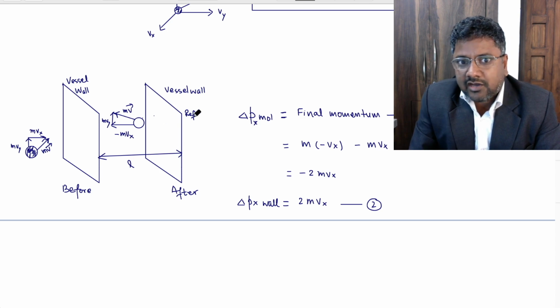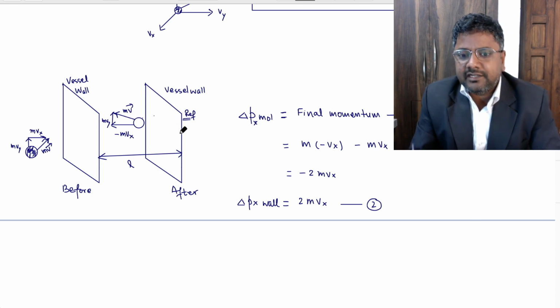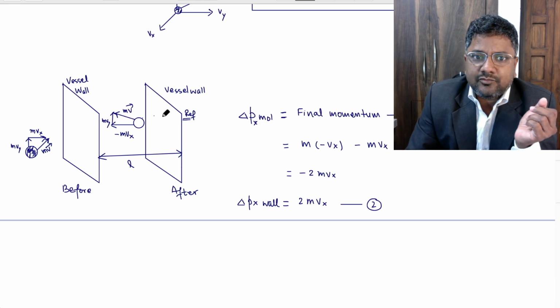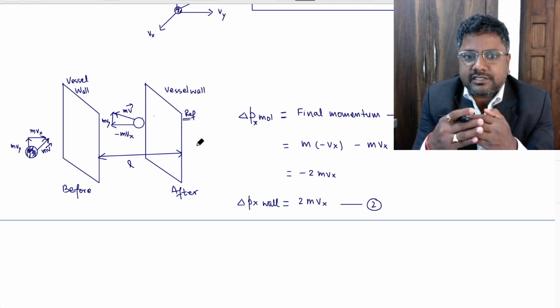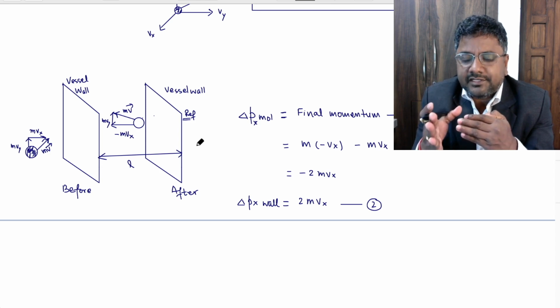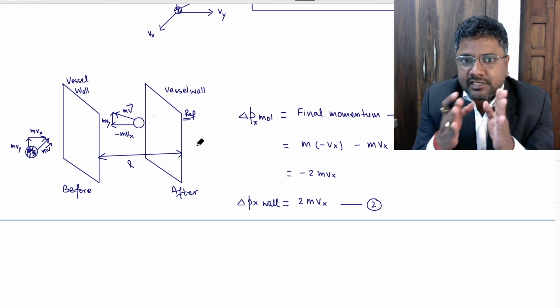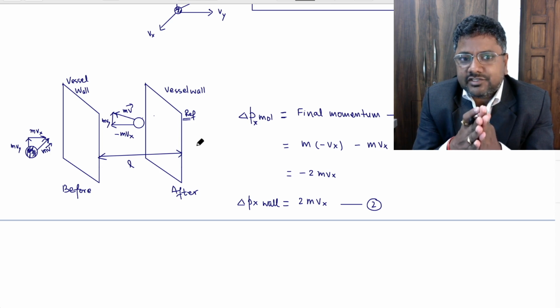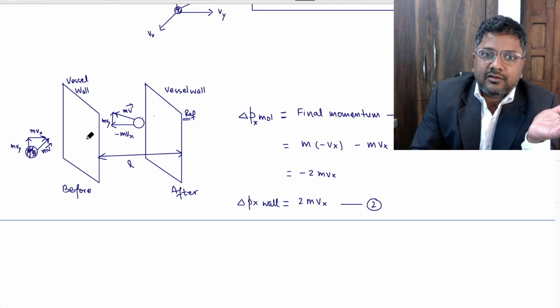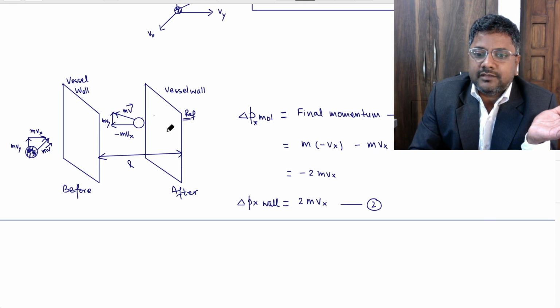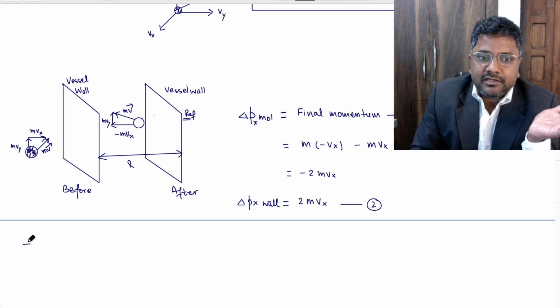So between two successive collisions, you have to start timing, t equal to 0, here after the first collision with this wall. Between two successive collisions with the same reference wall, not with other walls, what is the distance traveled by the gas molecule? Obviously 2L. One is from here to here and the other is from here to here. So this is a very important point.